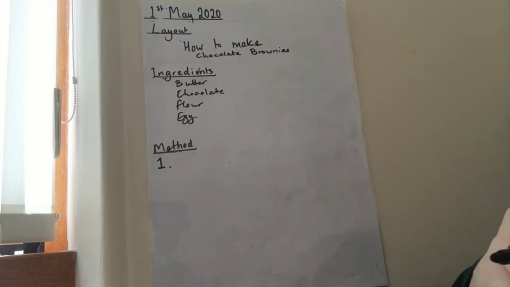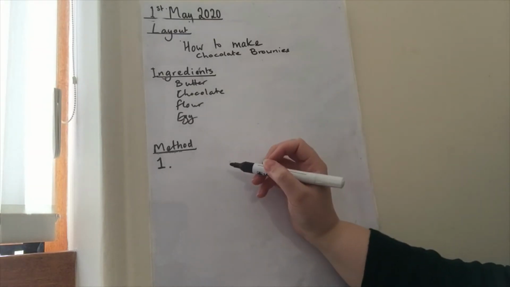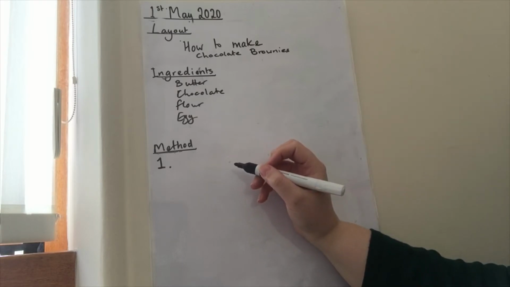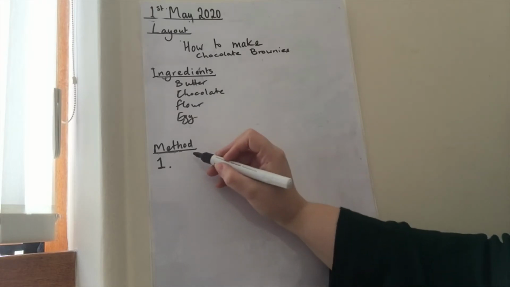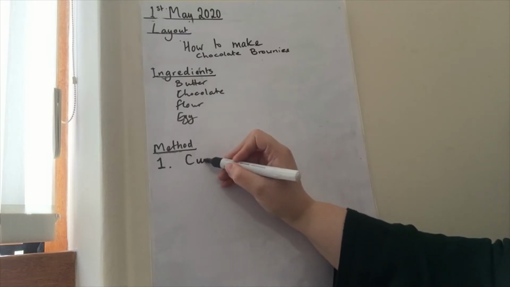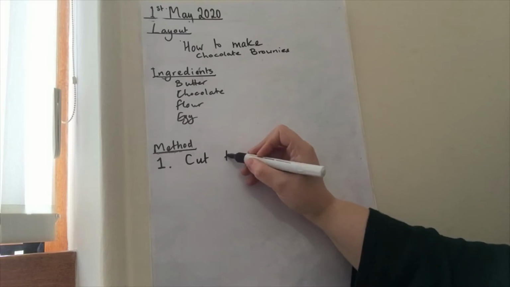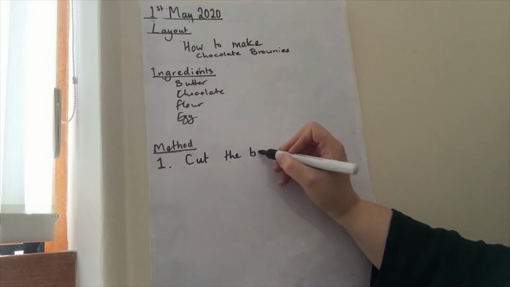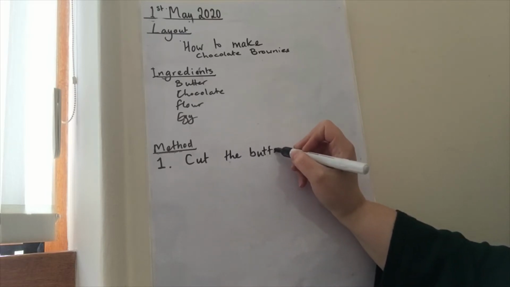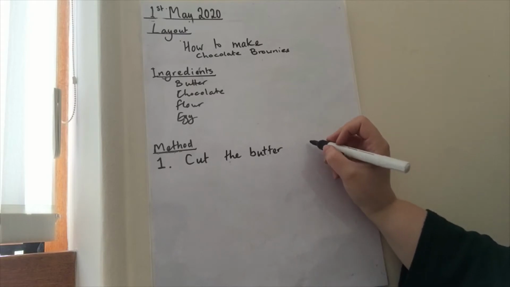So I'm going to make them quite short and clear, and each of them should have a doing word in them telling somebody what to do. So the first thing I am telling them to do is to cut the butter into small pieces.